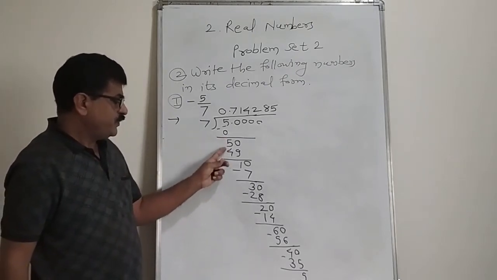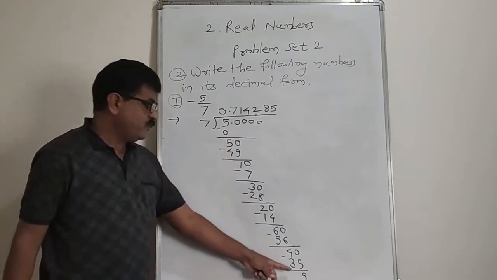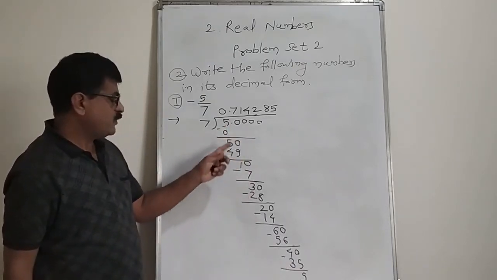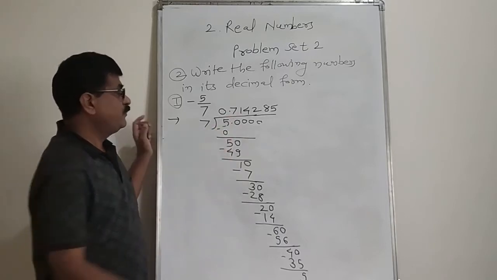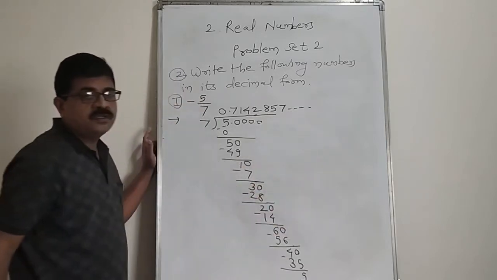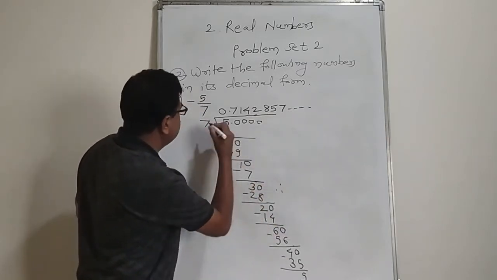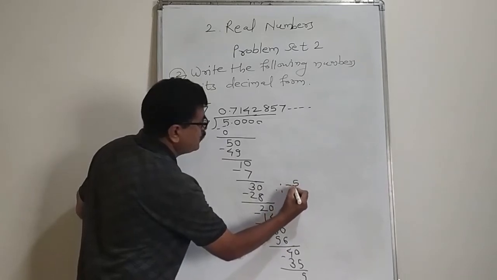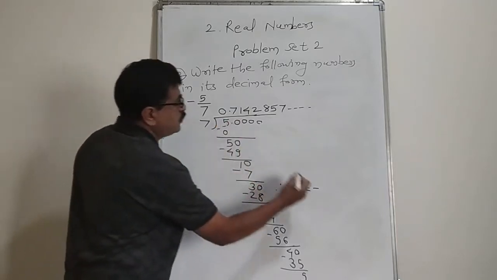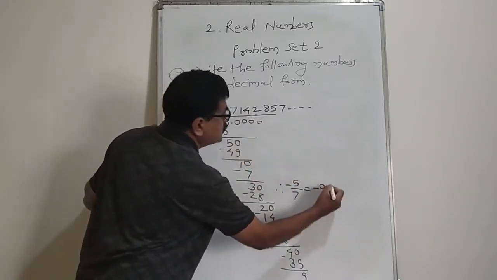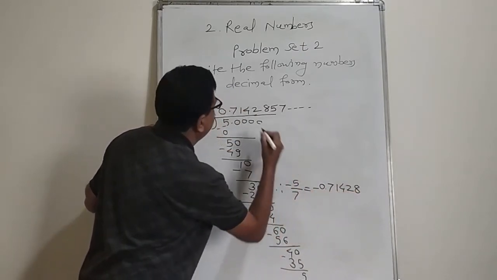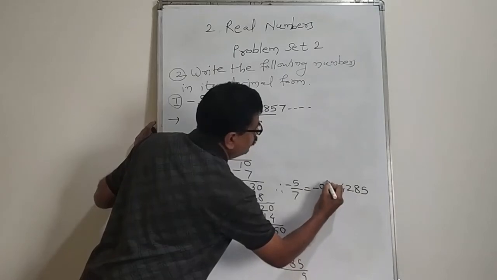Now these numbers are again repeating. Here we get this 5. These numbers are repeating. Therefore next is 7, next 7, and so on. Therefore, write down this as minus 5 upon 7 is equal to minus 0.714285 bar.